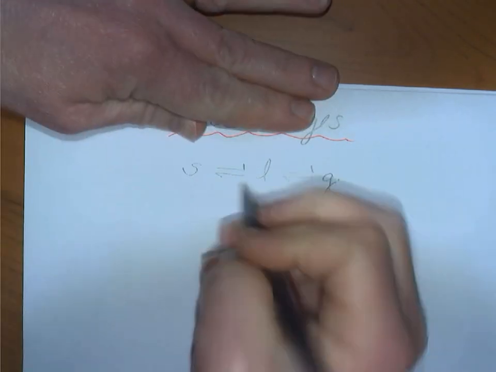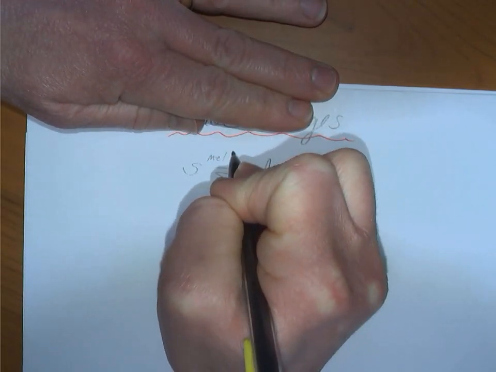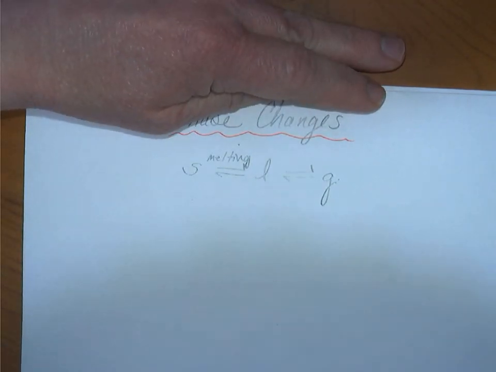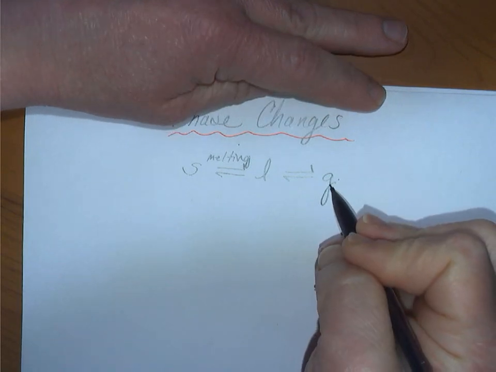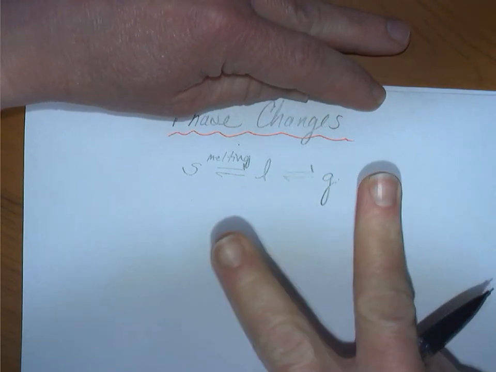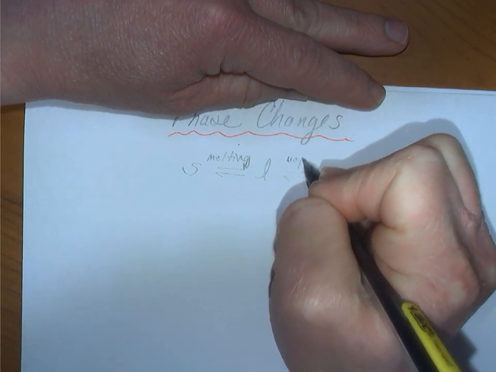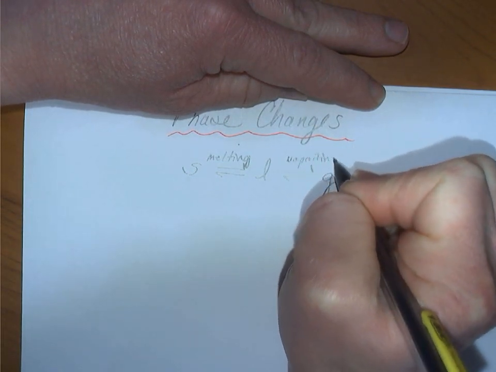Solid to liquid, of course, is melting. And liquid to gas. Now, you may have thought, oh, boiling or evaporation, those are actually two specific types of vaporization, or we'll say vaporizing.